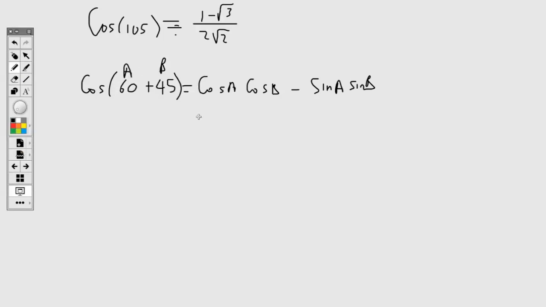So substituting, I have cos 60 times cos 45 minus sine 60 sine 45.